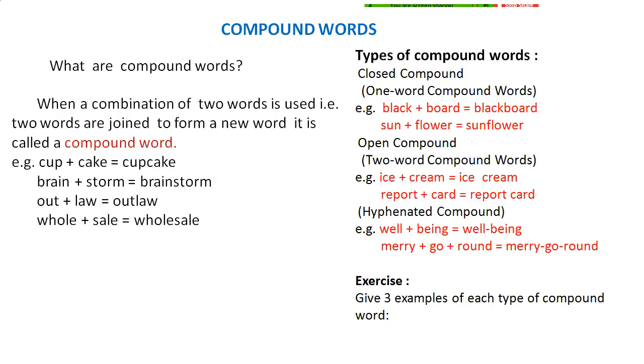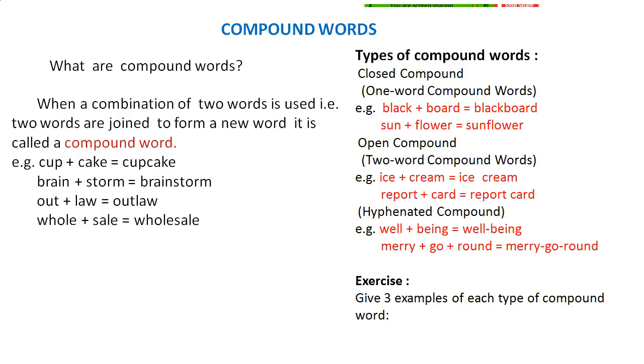Then you have an open compound. That's a two-word compound word. For example, when you take the word ice and another word cream, it forms a totally different word, ice cream.